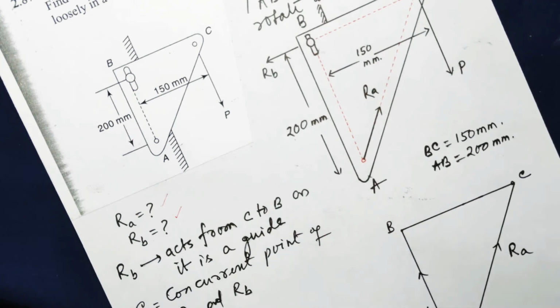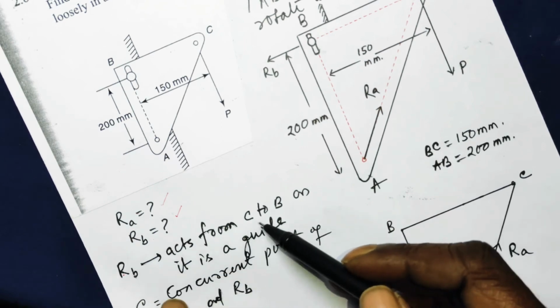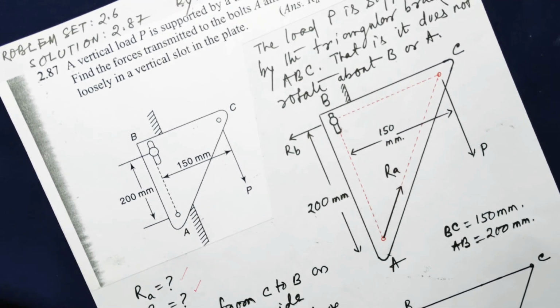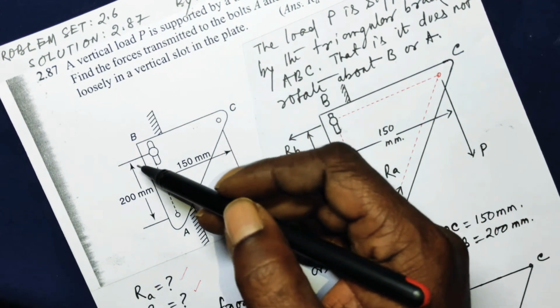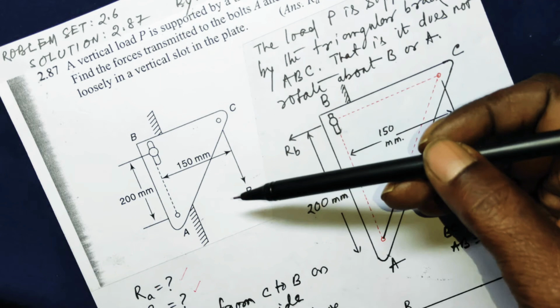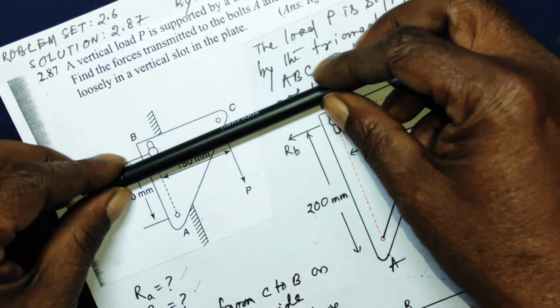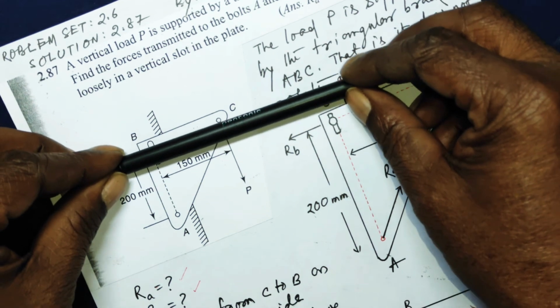Now, the reaction force at B represented as RB acts from C to B. Why does this act from C towards B? Now, due to the load P, the triangular bracket ABC will try to turn like this.